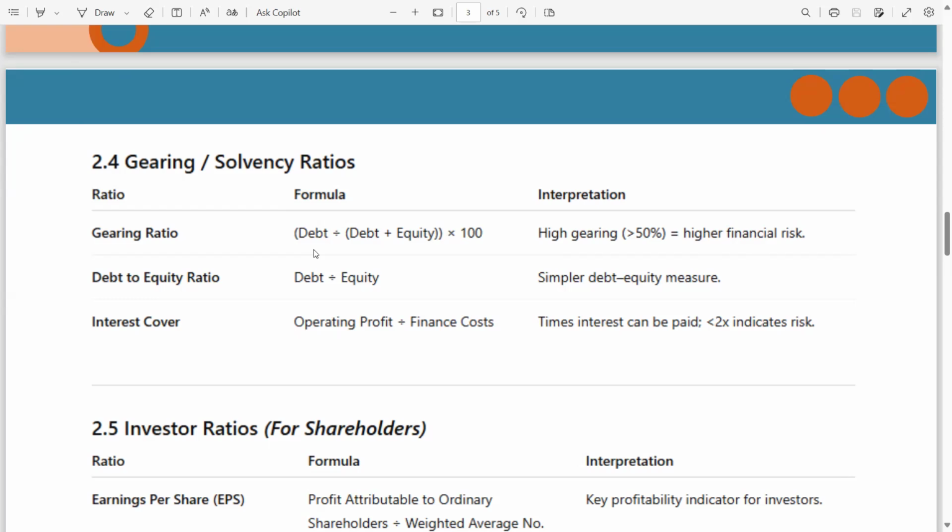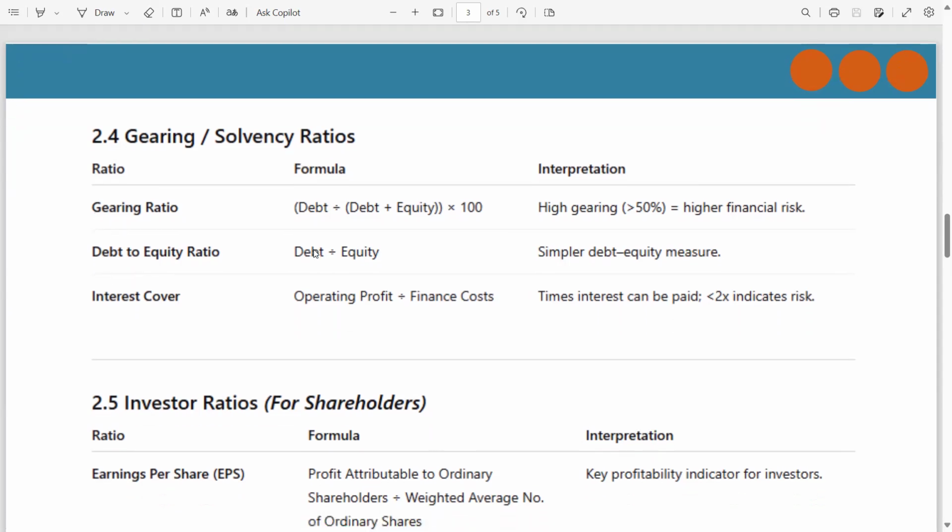Debt to equity ratio: debt divided by equity, a simpler debt equity measure. Interest cover: operating profit divided by finance cost. Times interest can be paid. Less than 2x indicates risk.